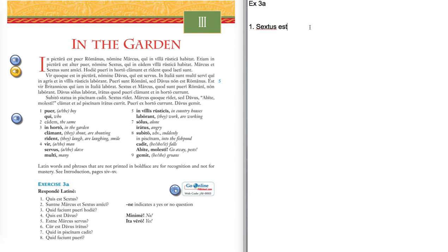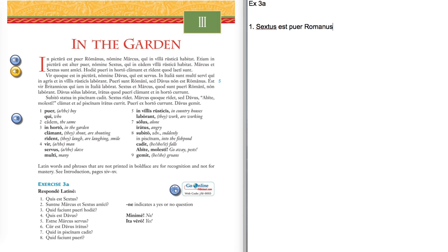But Sextus, you could say Sextus est puer Romanus, just as Marcus is a puer Romanus, right? In pictura est puer Romanus, a Roman boy. Remembering again, noun, then adjective. We would say Roman boy, but again, the Romans say puer Romanus, a boy, Roman.